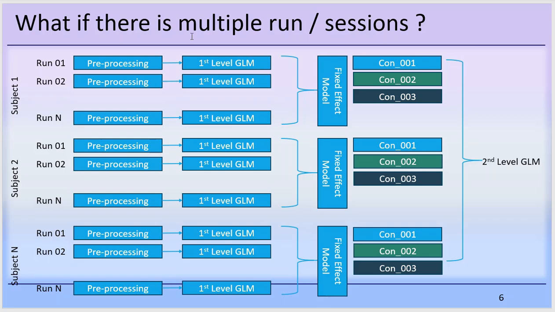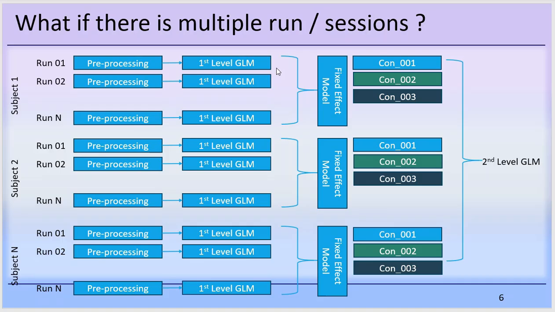So here, as you can see, for each run you need to go through everything you have learned until now. For each run you do that batch script, and you do your first level GLM, and after that you are ready to do your fixed effect model.